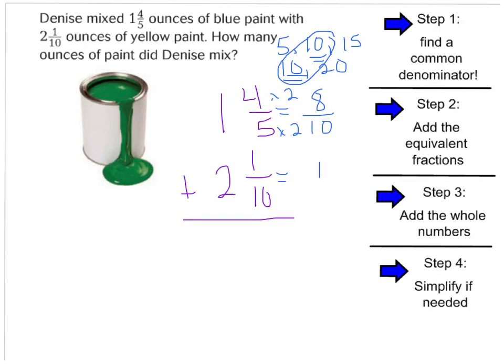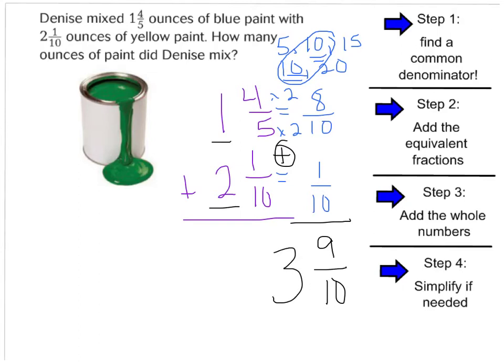I'm just going to bring it over. 1/10. Now I have the same denominator, so I can add. 8/10 plus 1/10 is 9/10. Don't forget to add your whole numbers. 1 whole plus 2 wholes is 3 wholes.